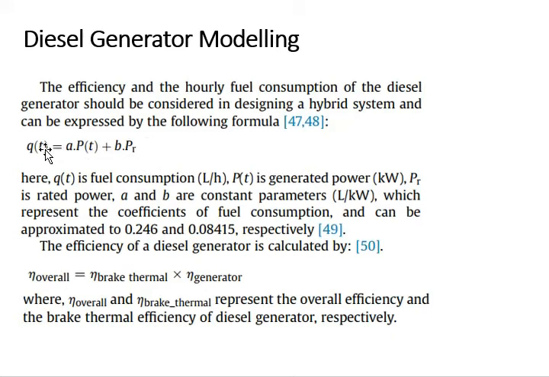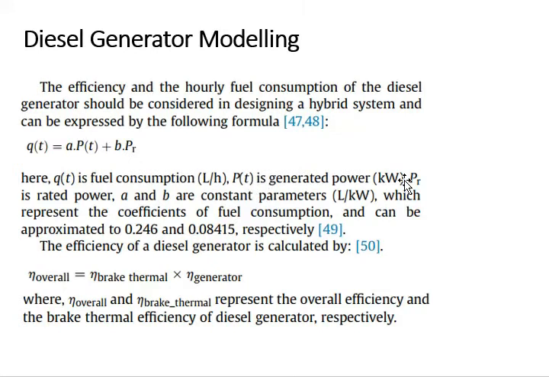That will be the maximum power that you can extract from this diesel generator as per your own demand. The fuel consumption of this diesel generator, which may be a petrol engine or whatever engine you use, will be equal to A times P plus B times P, where P is the power generated at that specific time. A and B are some constants, and Q is the fuel consumption, in liters per hour.